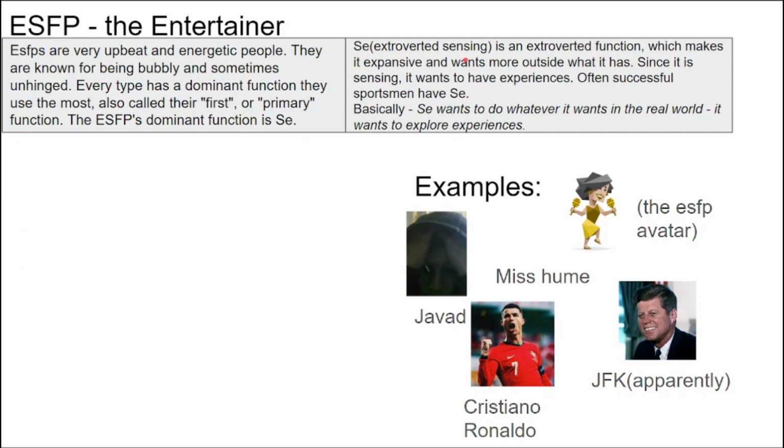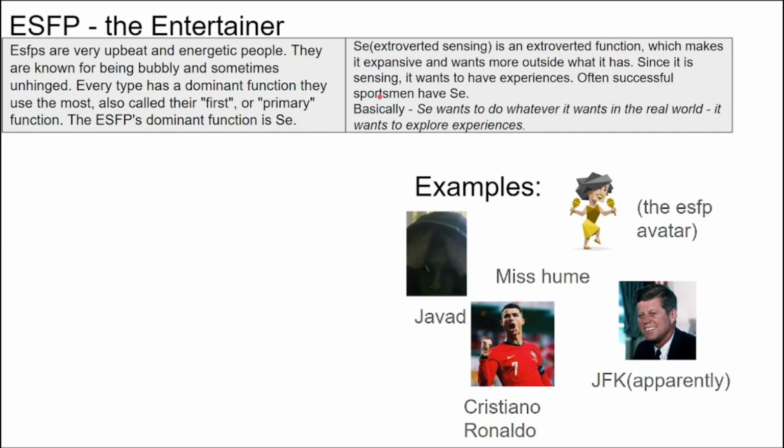Extroverted ones are more expansive. It wants more outside of what it has. Since it's sensing, and sensing is all about what you can see and what's going on in the moment, it wants to have lots of experiences.